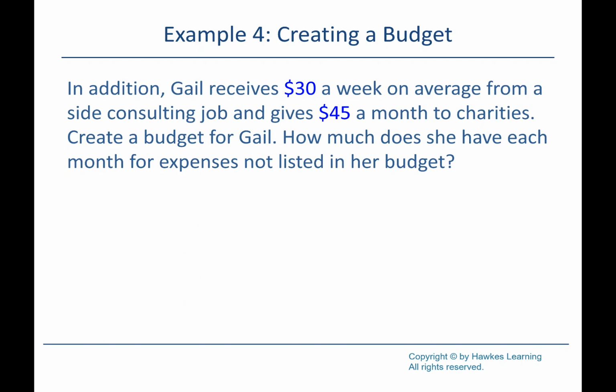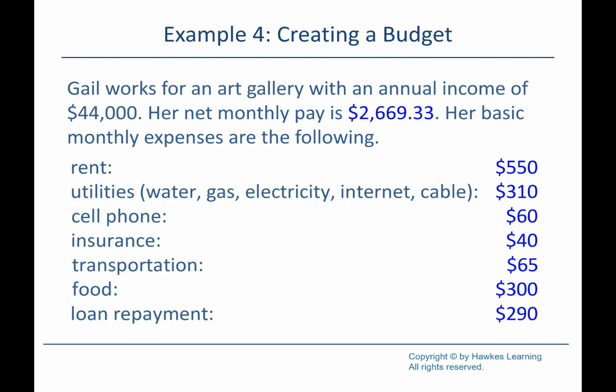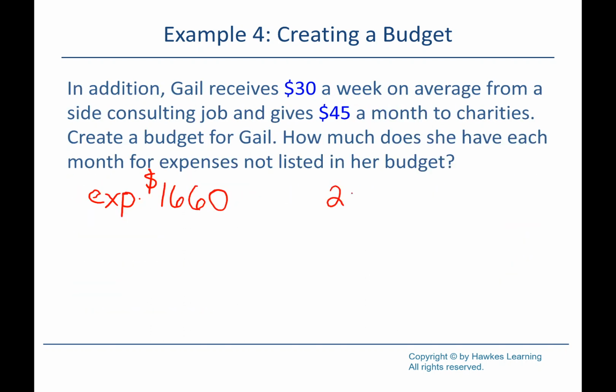Okay, so if we do that, total expenses are $1,660. So what do we say her income was? $2,669.33 minus 1,660.